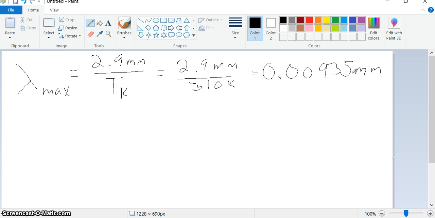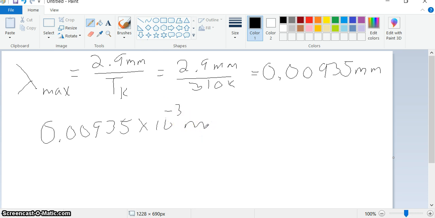All right, so here's the thing. Millimeters, we're going to remember the metric prefix milli means times 10 to the minus third, right? So we're going to rewrite this. This is going to be 0.00935 times 10 to the minus third meters.